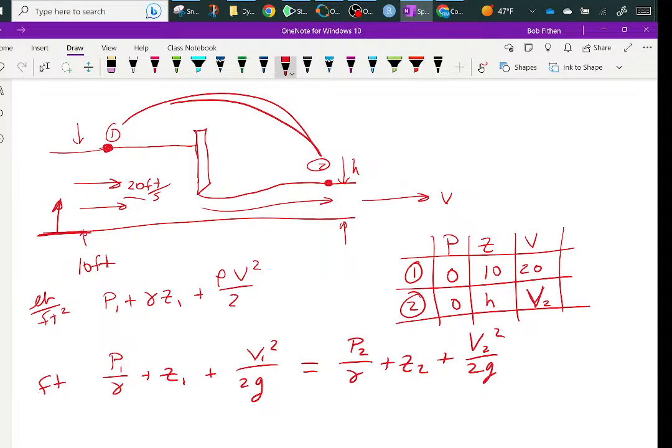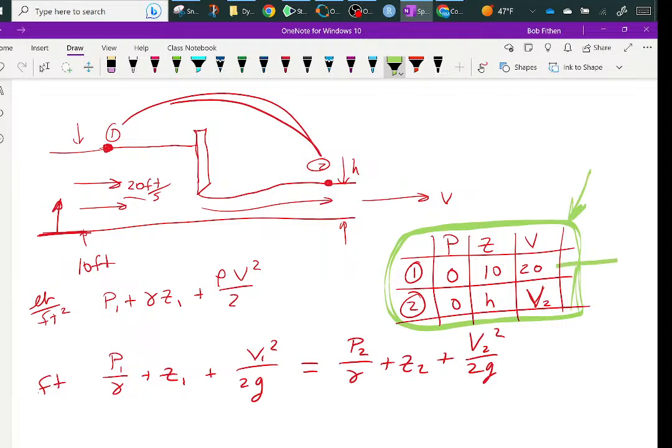The reason I do that is that several of my students who have taken the PE exam have said this chart really helped them. When you're faced with a funny problem on the PE or FE or whatever, if you just make this chart, you can identify what your unknowns are.